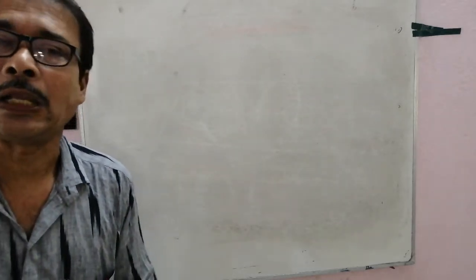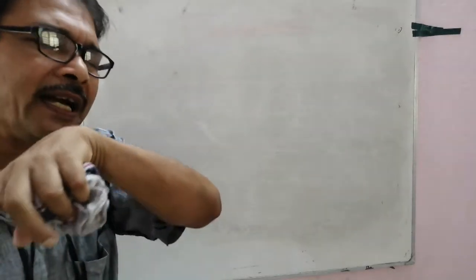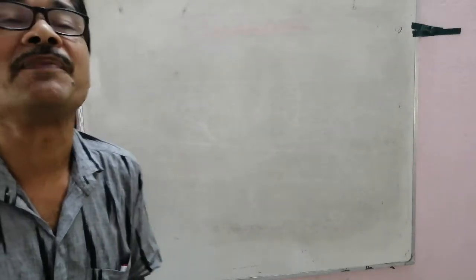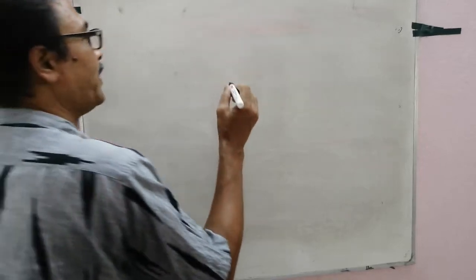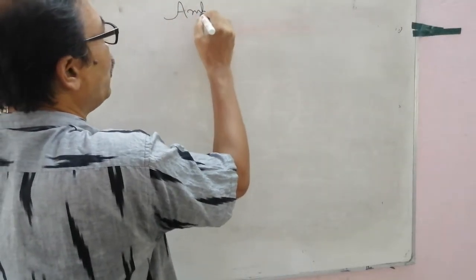Now we will discuss Ampere's circuital law. With the help of Ampere's circuital law, we can easily find out the magnetic field induction, that is the magnetic field vector. Ampere's circuital law, very important.